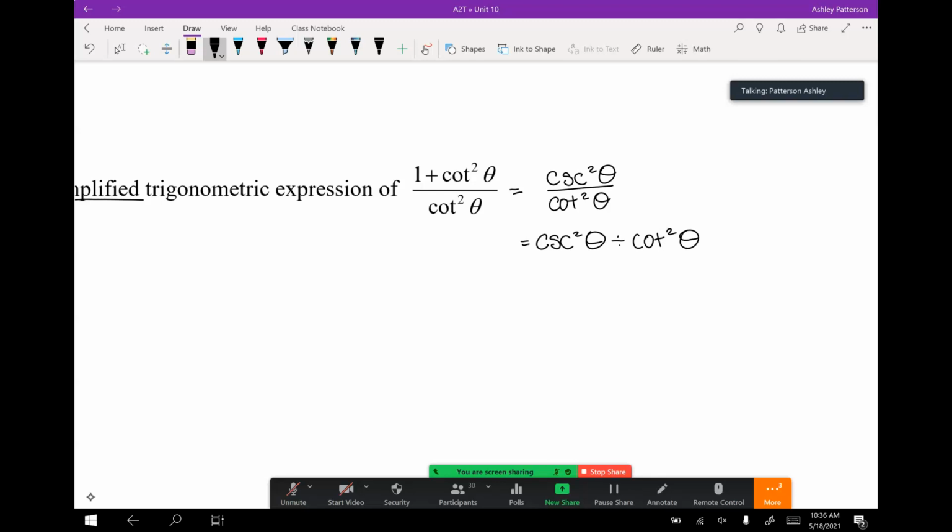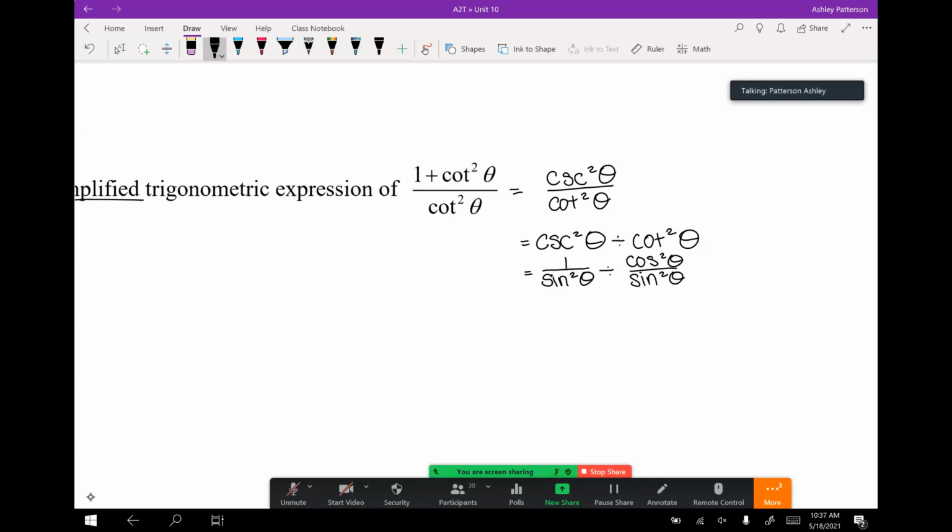I'm going to change cosecant squared theta to be 1 over sine squared theta divided by, and let's change cotangent squared theta to be cosine squared theta over sine squared theta.